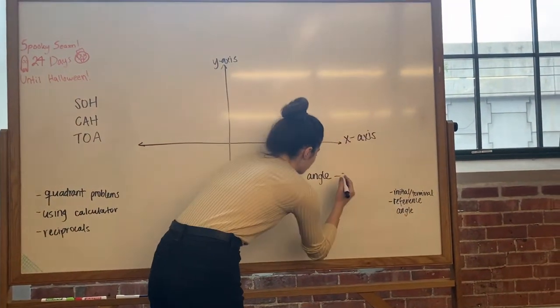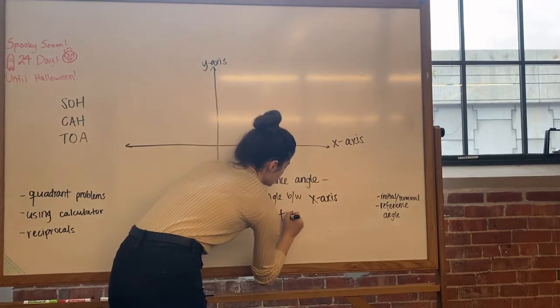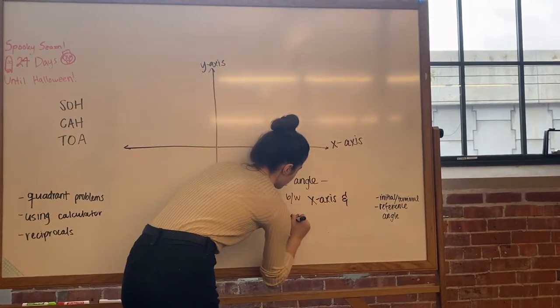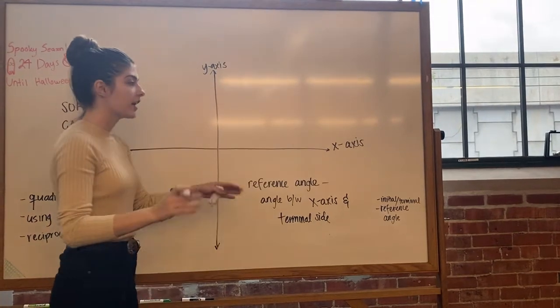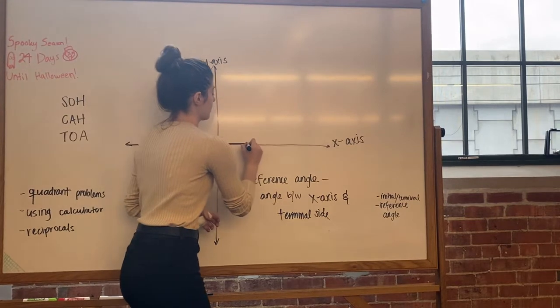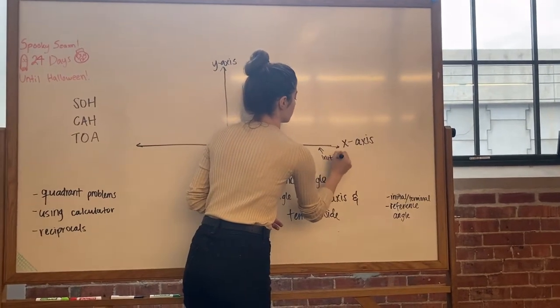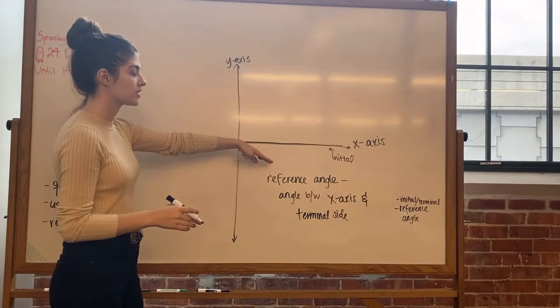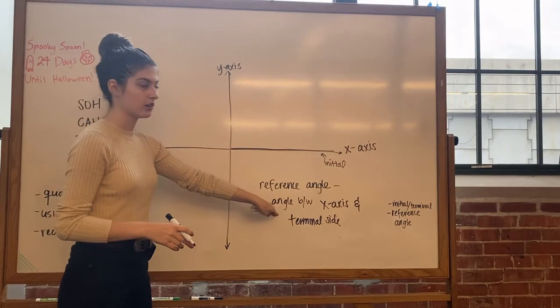So angle between our x-axis and our terminal side. So where theta is the angle between our initial side, which is always right here, our initial side. Theta is between our initial side and our terminal side. Our reference angle is between the x-axis and our terminal side.